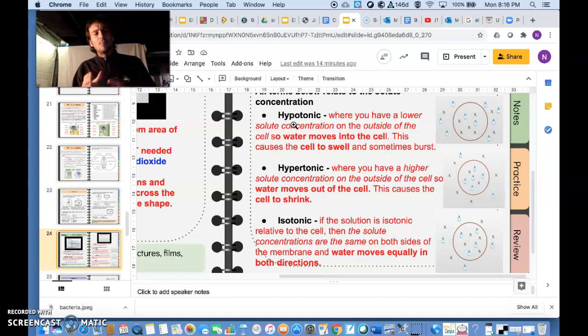In the case of a hypertonic solution, hyper meaning above levels, again, we're describing the solution outside the cell. Hyper meaning above levels, we're describing the solute load in that solution surrounding the cell. So if we have above levels of solute outside the cell, that means we have a lower concentration of water in that solution outside the cell as compared to inside.